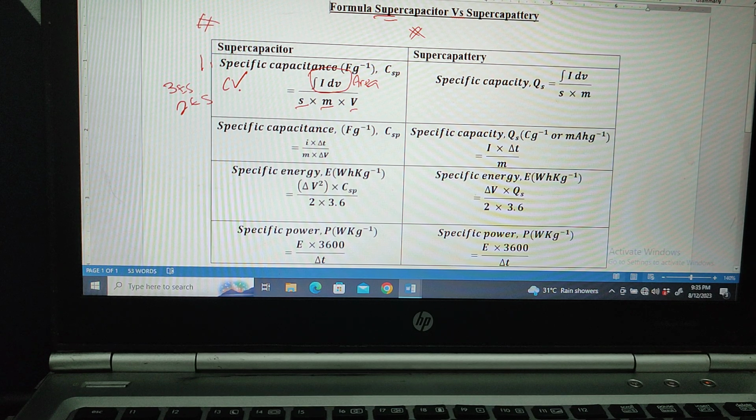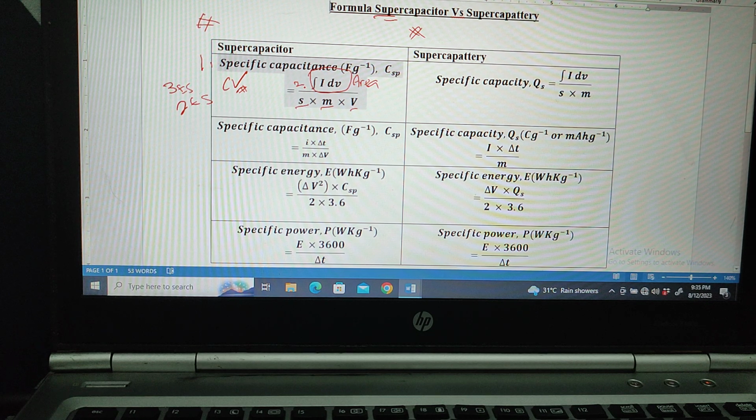So if you are using CV as your analysis, you can use this formula both for 3 electrode system and 2 electrode system. And someone might say, I found in journals online that basically they put number 2 here. So why? What happened?